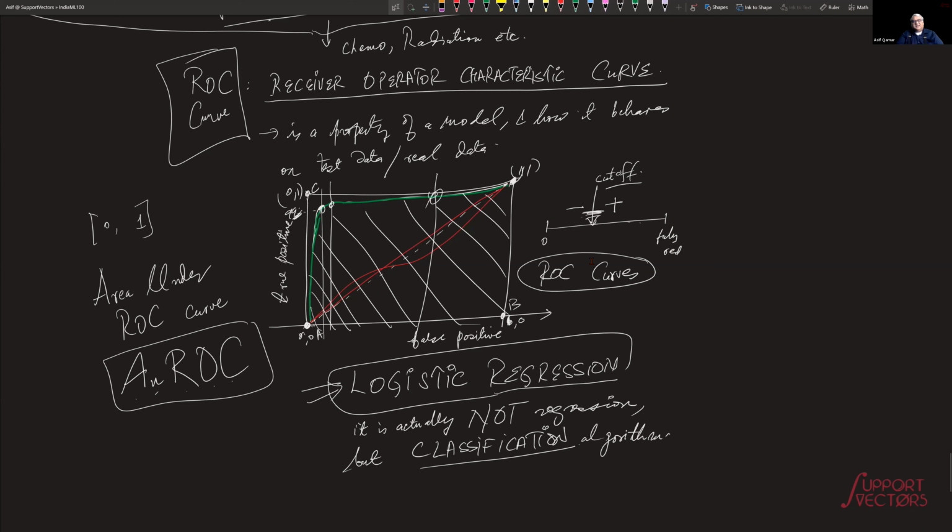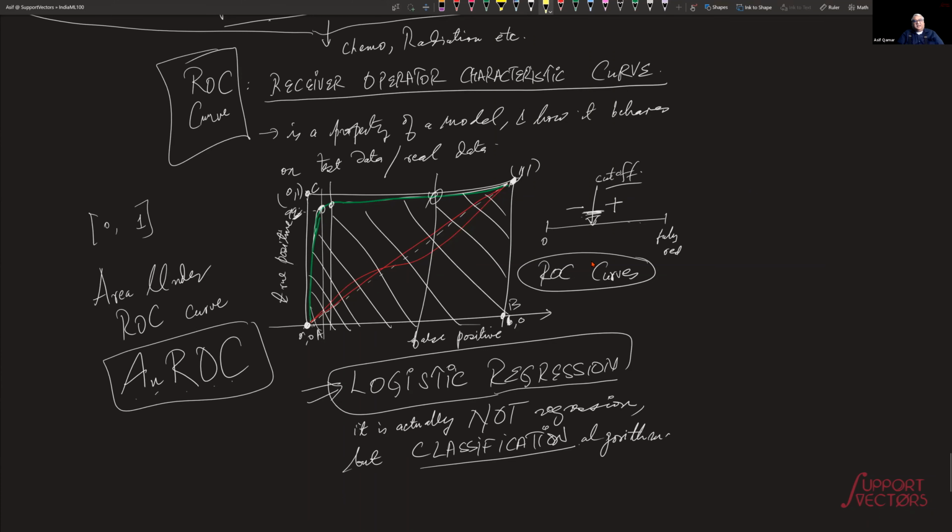And the converse is also true. You don't want false negatives. So that is your receiver operator characteristic curve. Now, most people don't remember it by its full name. They just call it the ROC curve. Are we together? And then what you look at is the area under the ROC curve, which is how much space you have under the green line.